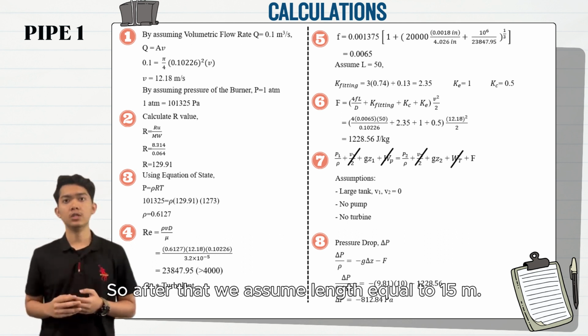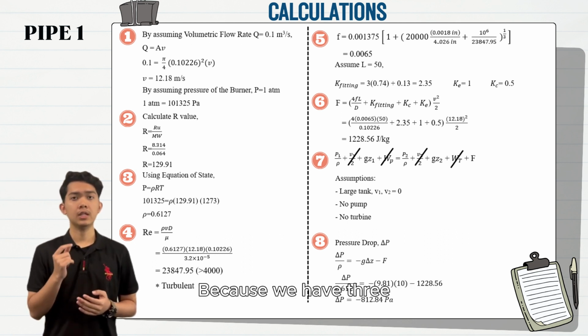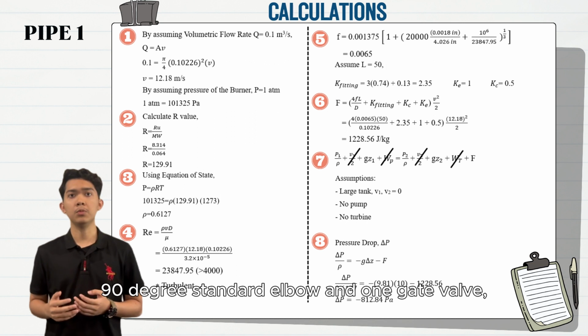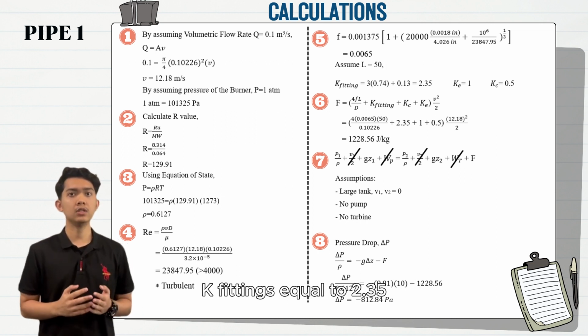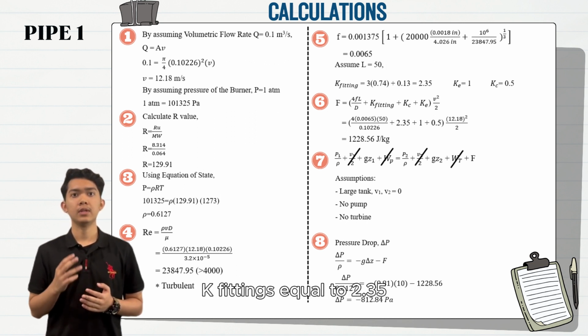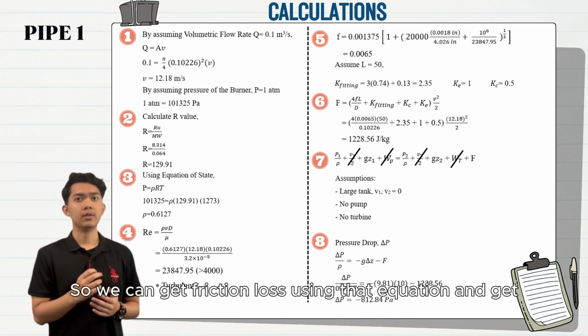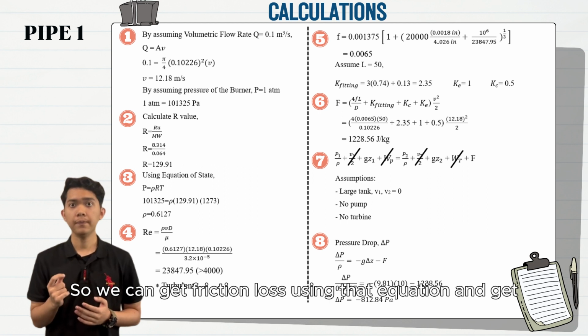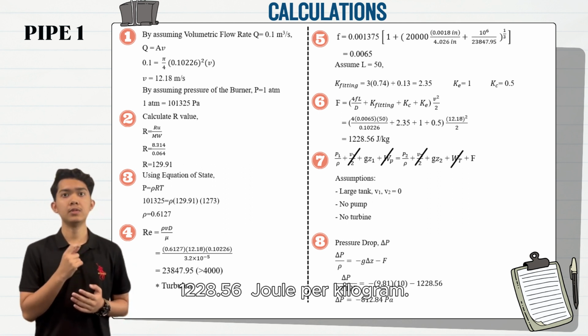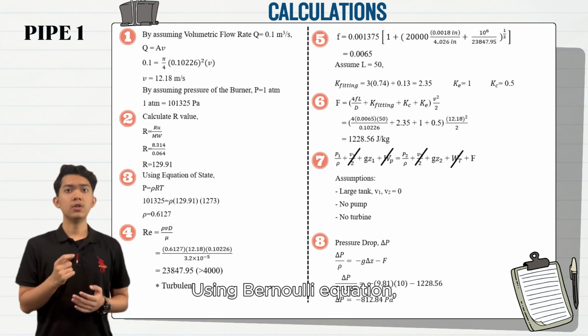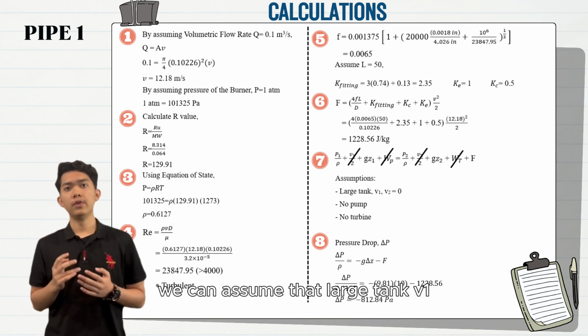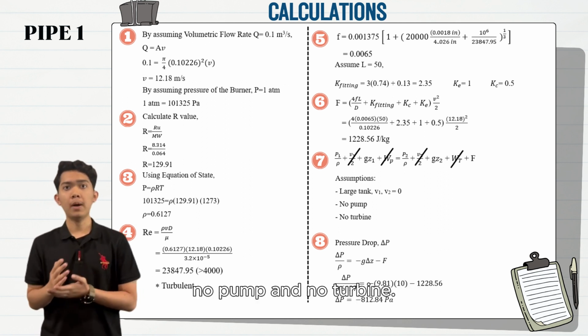After that, we assume length equal to 50 meter because we have 3 90-degree standard elbows and 1 gate valve. K fittings equal to 2.35, KE equal to 1, KC is 0.5. So we can get the friction loss using that equation and get 1228.56 joule per kilogram. Using the Bernoulli equation, we can assume that V2 equal to 0, no pump and no turbine.